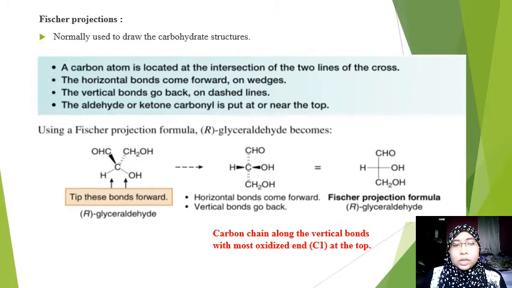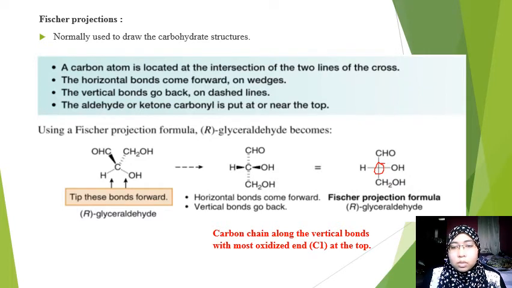Next, we will discuss the Fischer projection. Normally, we use the Fischer projection to draw the carbohydrate structure. There are 4 criteria to draw the Fischer projection. Firstly, a carbon atom is located at the intersection of the 2 lines of the cross.